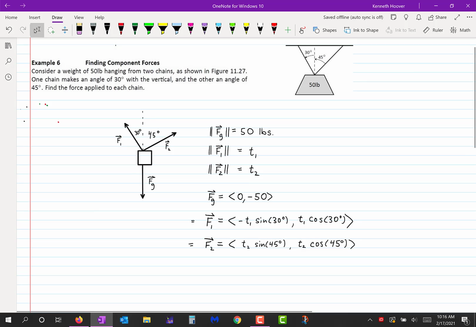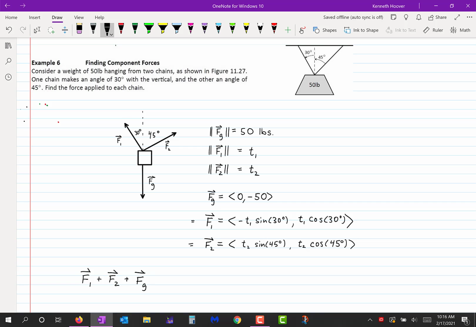The key is that the net force on that mass is 0. Let me explain why. First of all, what is net force? The net force is the sum of all of the forces acting on the mass. So our net force is F1 plus F2 plus Fg. That's the net force. Okay?